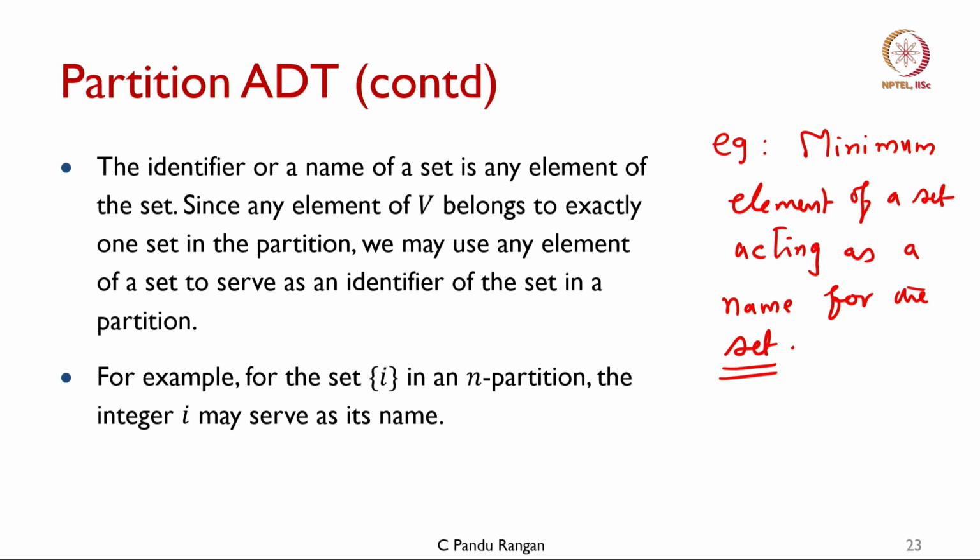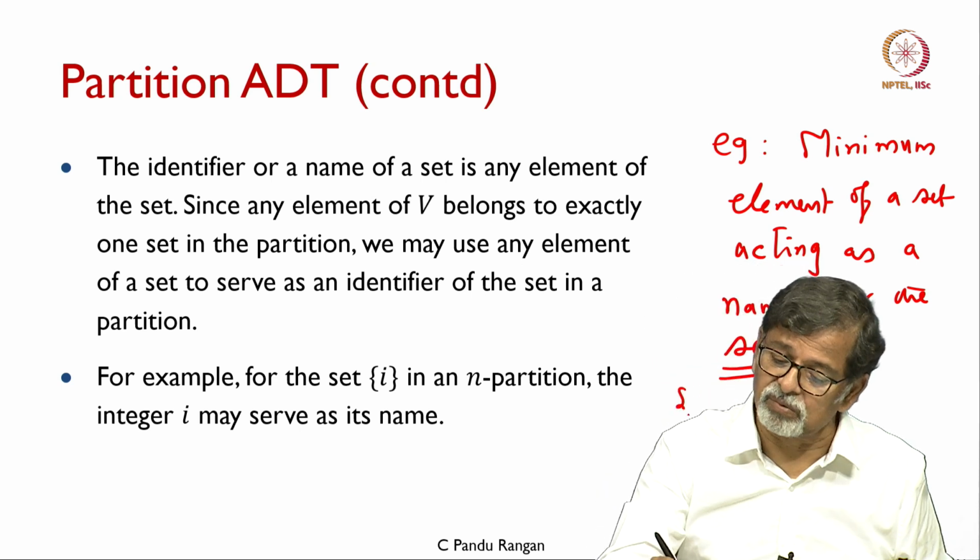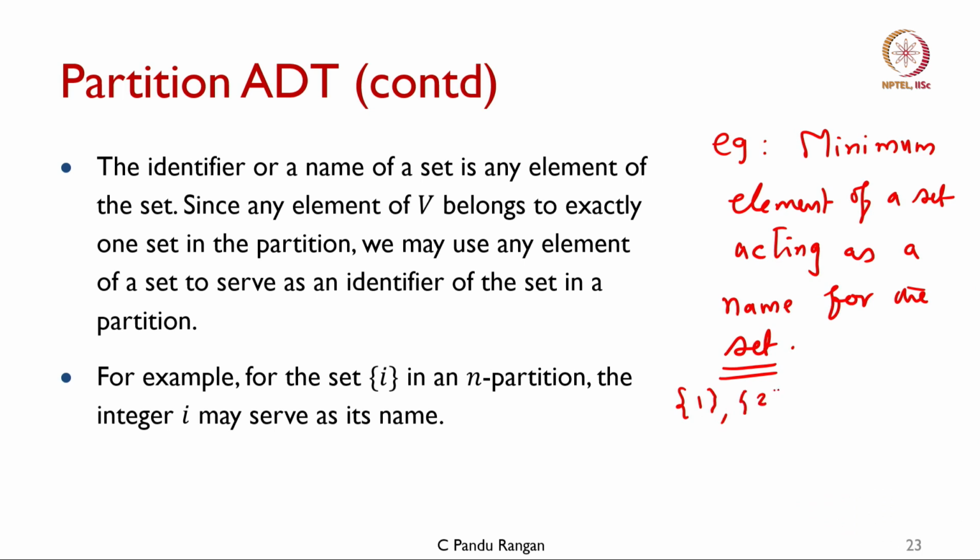You can have other ways also, but let us say minimum element. So, you have the partition 1, 2, ..., n. What is the name of this set? There is only one element and that is the minimum element, therefore, the name is 1. The name of this set is 2, the name of this set is n. Very simple.